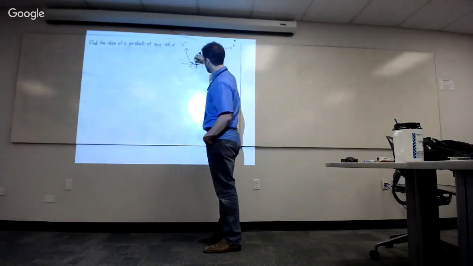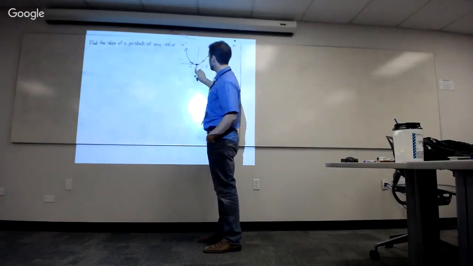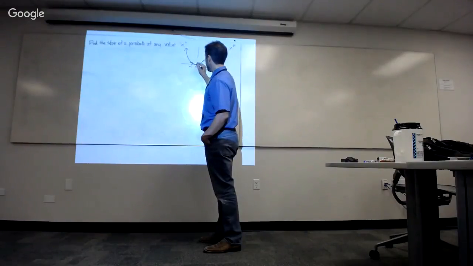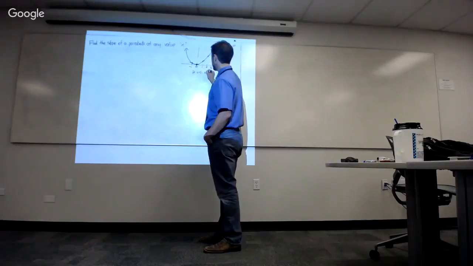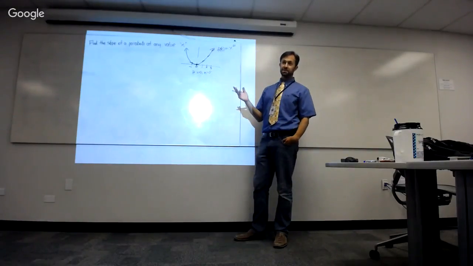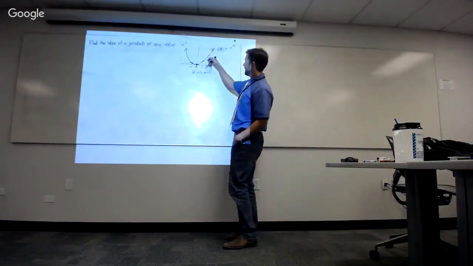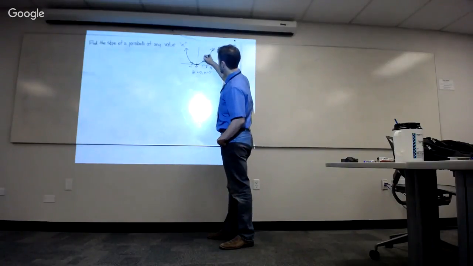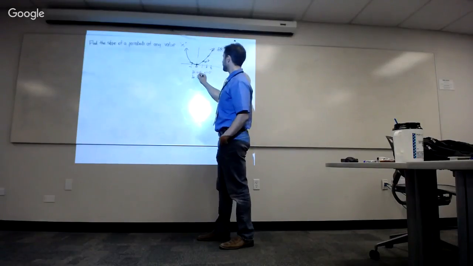So if you look all the way at the bottom, you know the slope is 0 because it's flat. So there's one that we know at x equals 0, m equals 0. What's the other slope we know because we just calculated it? At x equals 1, we know that that slope is equal to 2. Right? So x equals 1, m equals 2.